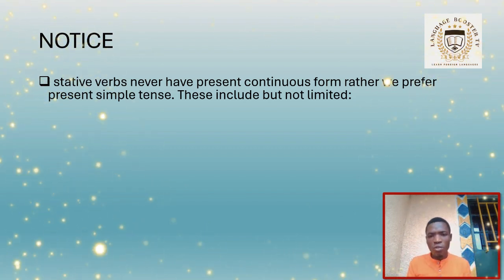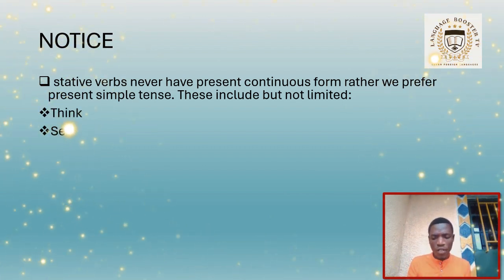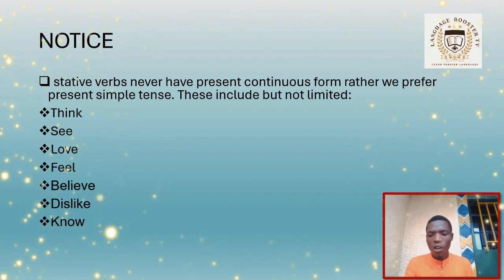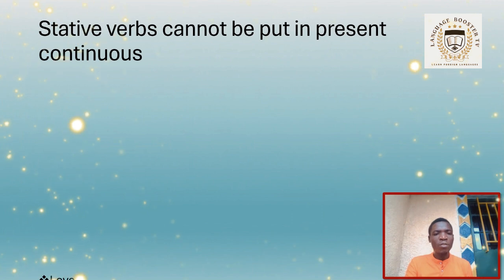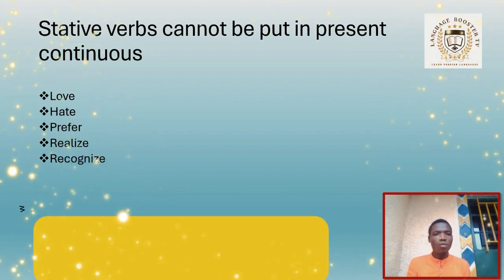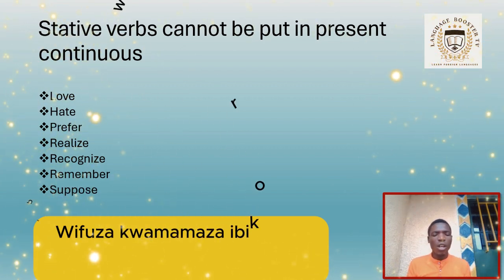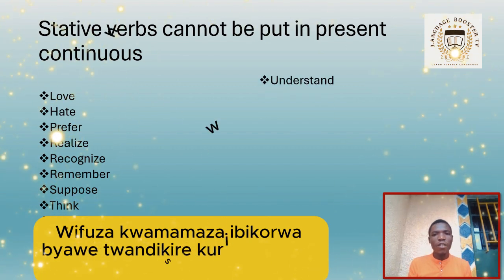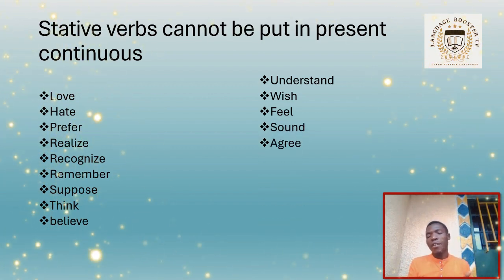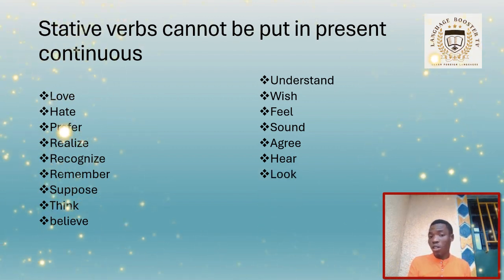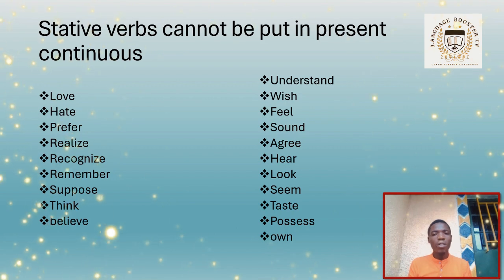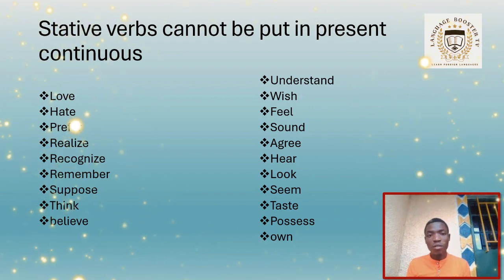These verbs may include, but are not limited to, think, see, love, fear, believe, dislike, know, like, hate, prefer, realize, recognize, remember, suppose, understand, wish, feel, sound, agree, hear, look, seem, and taste. We also have the verbs possess and own.